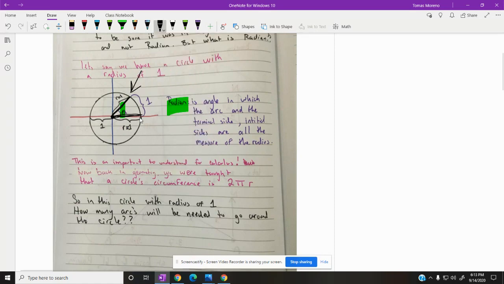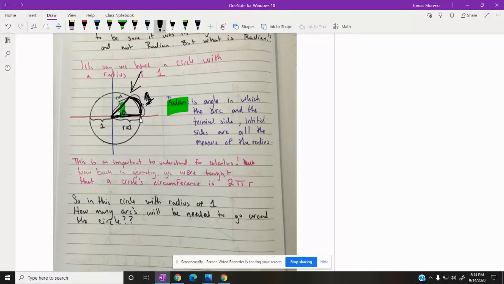A radian will always be that the arc length is the same as the radius, which in this case is 1. So this is a measure of 1, this is a measure of 1, and this arc length is also a measure of 1.